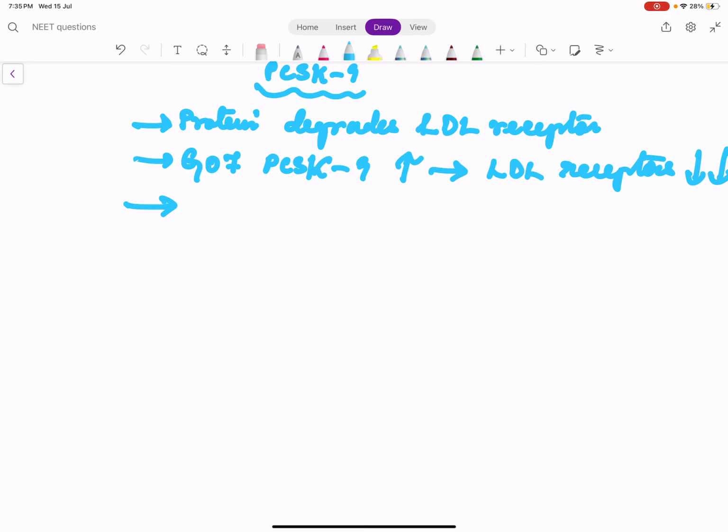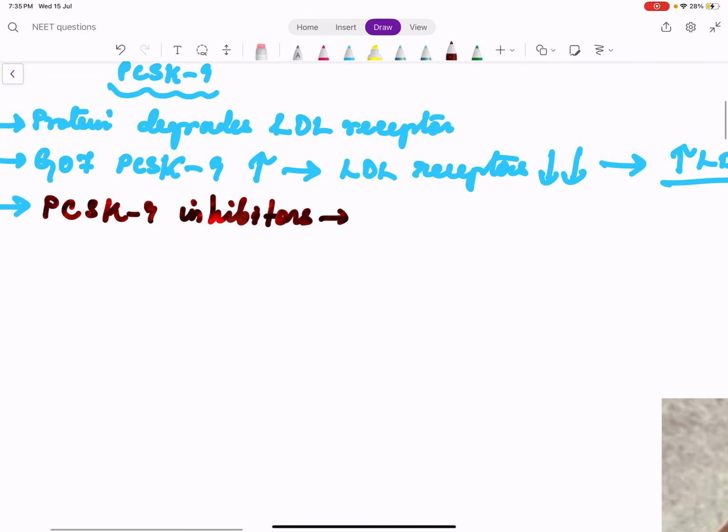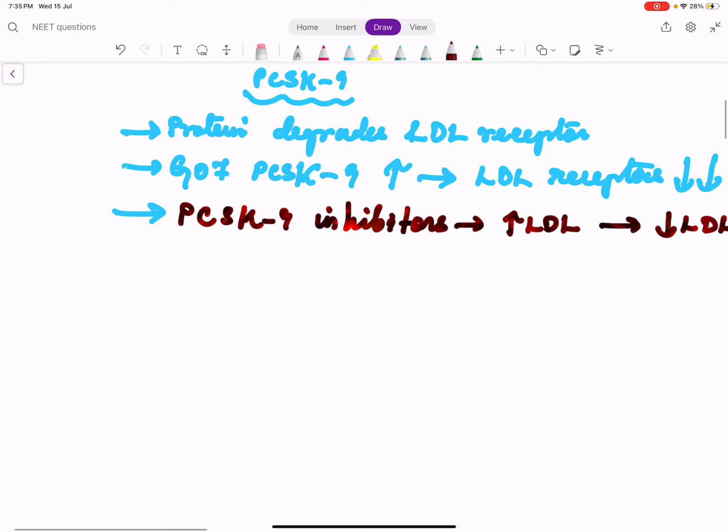Now why is this very important? Because of therapeutic implications. We have a category of drugs called PCSK9 inhibitors. When given, they reduce degradation of LDL receptors. So LDL receptors increase. So it takes up more LDL from the peripheral blood and deposits it in the liver. So PCSK9 degrades LDL receptor in liver.